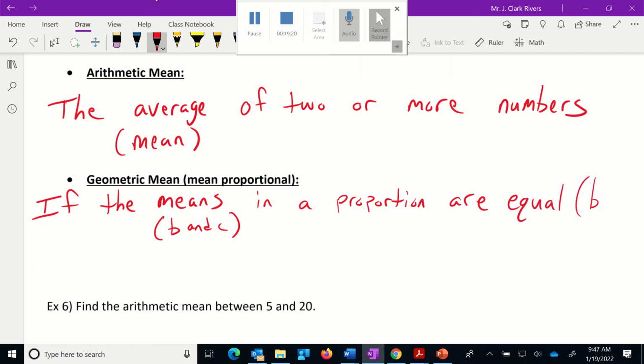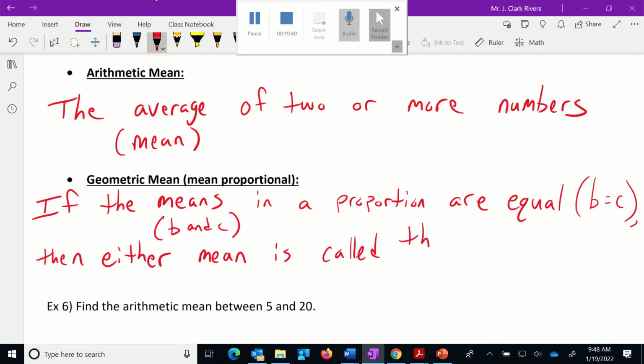So if B is equal to C, then either mean, it's the same, right? If B is equal to C, then when I say either mean, they're the same. Then either mean is called the geometric mean.